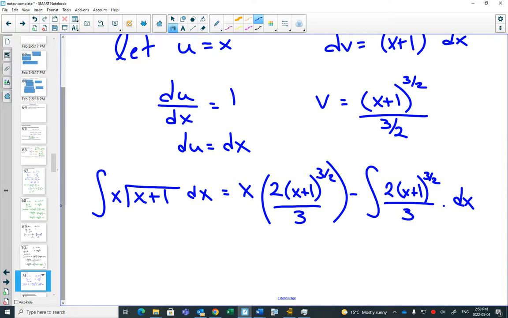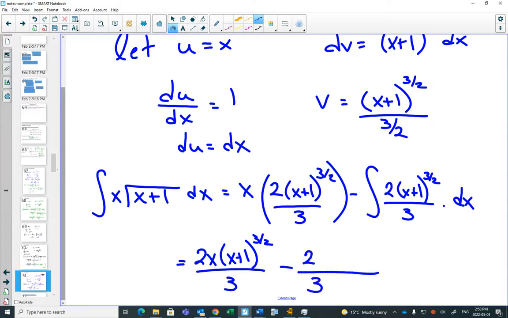And can we simplify this? Absolutely. Because this will still be 2x times x plus 1 to the 3 halves divided by 3 minus, and you would have the 2/3, add 1 to your exponent, x plus 1 to the 5 halves that we would have to divide by 5 halves, plus c.